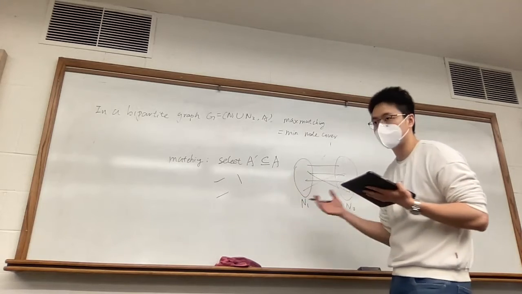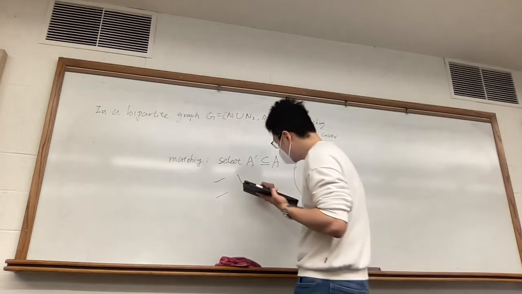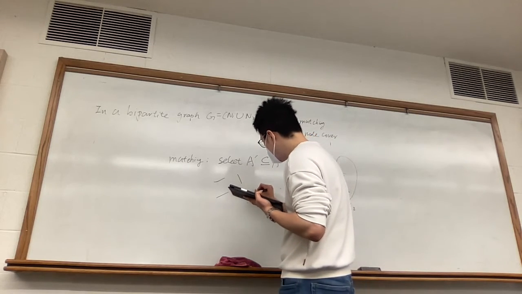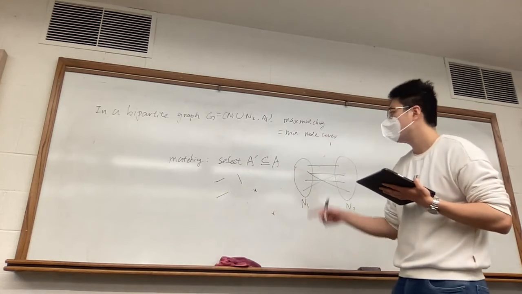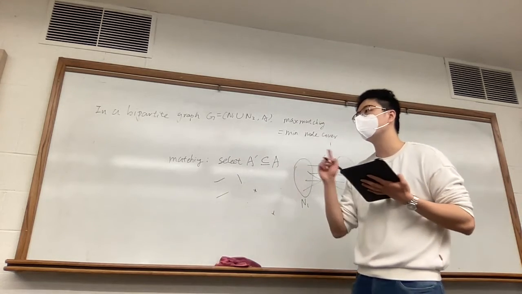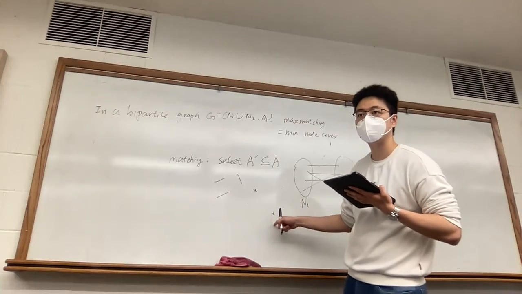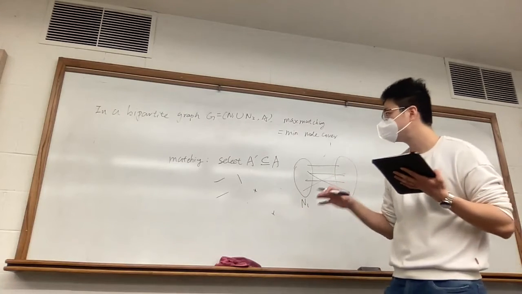And what is a node cover? Say you have some graph G, then you want to select a subset of the nodes such that every arc has at least one node in this selected set. This is called node cover.